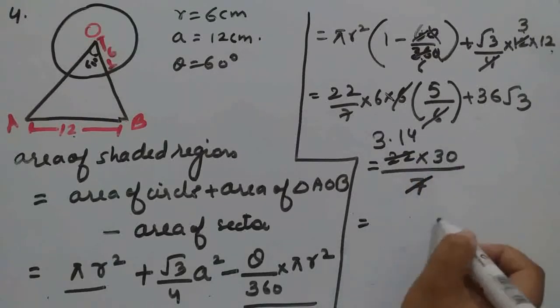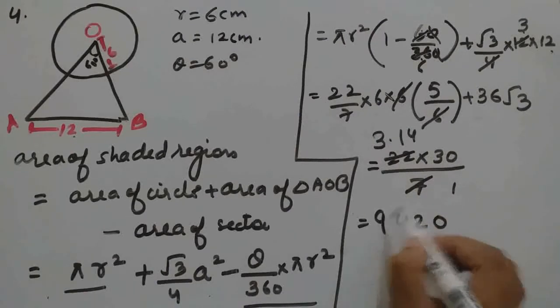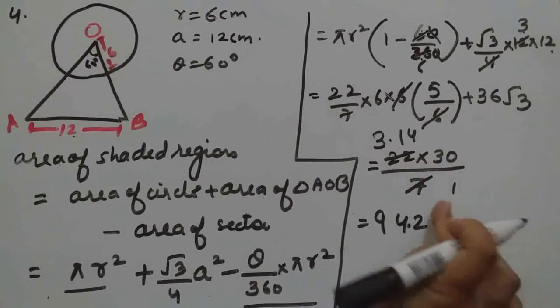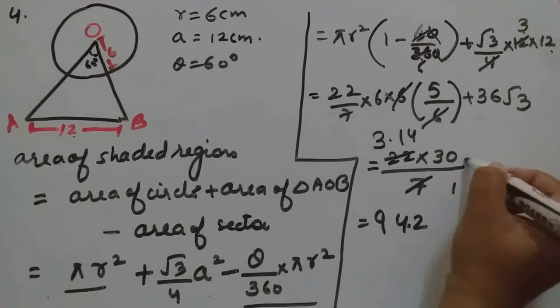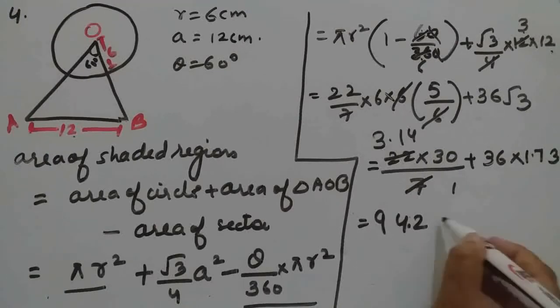Now from 3 we can multiply. Okay, after 2 digit decimal, so 94.2 and plus 36 root 3 value we can substitute here. Okay, so that is 1.73.